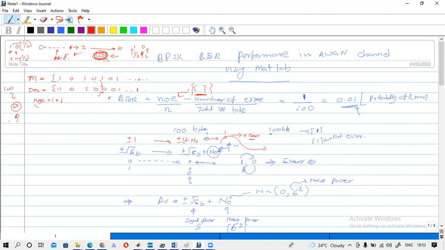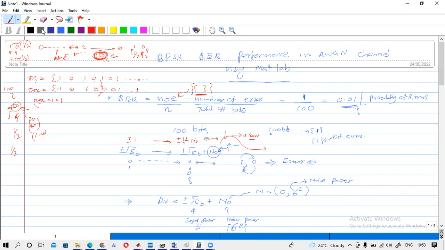That is because of the uniform distribution. We will not have 70, 80, 100 errors. We will have a maximum near 50, because we have half probability. The error probability also will be half.